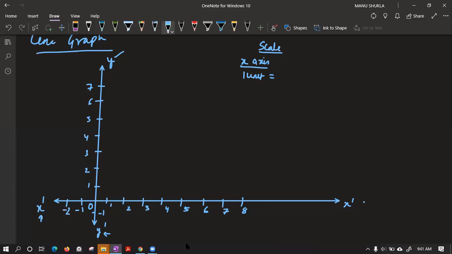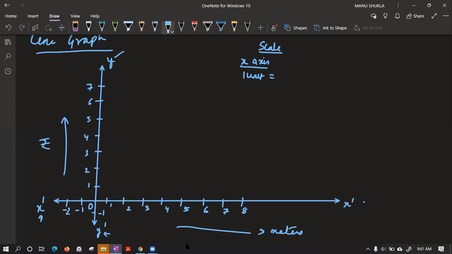Suppose it is in meters and it is in rupees. Suppose it is a question of how many meters a car travels on this much rupees of petrol. So can you tell me the scale of the x-axis? 1 unit equals how much?